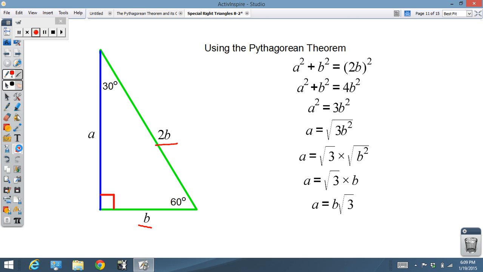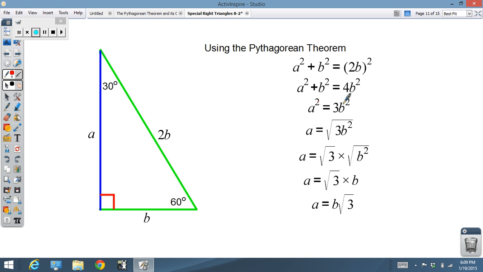Now with that information though, we can go back and use the Pythagorean theorem, which says a squared plus b squared must be c squared, only now it looks like that, right? Following through with our math, a squared plus b squared equals 2b squared, because that's the value I can put right in here, huh? Okay, so a squared plus b squared equals 2b squared. That equals 4b squared.